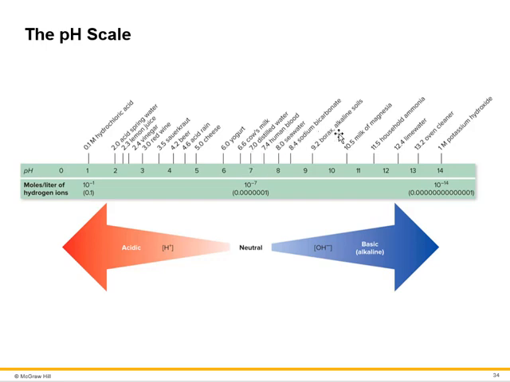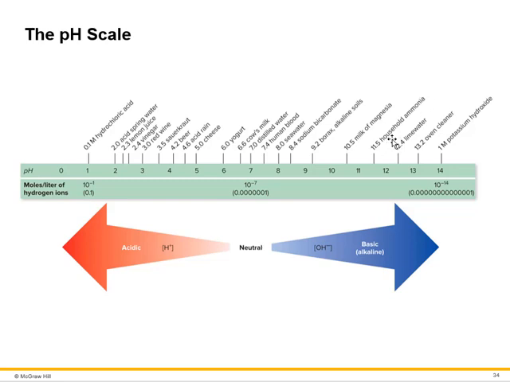And they're weakly basic, but then as they go further away, like potassium hydroxide, oven cleaner, lime water, these are all pretty strong. Household ammonia, NH4, is something we're going to see as a product in biochemical tests, and it raises the pH.